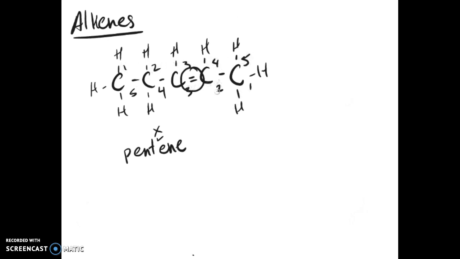So if we're going from this side, it would be 2-pentene, but if you're going from this side, it would be 3-pentene, because you use whichever carbon the bond starts on. So you don't say 3 going from this angle or 4 going from this angle, you say 2 or 3. This would be 2-pentene because it gives you the smallest number, and it doesn't matter which way you draw it, it's still going to be the same molecule, just inverted in space.